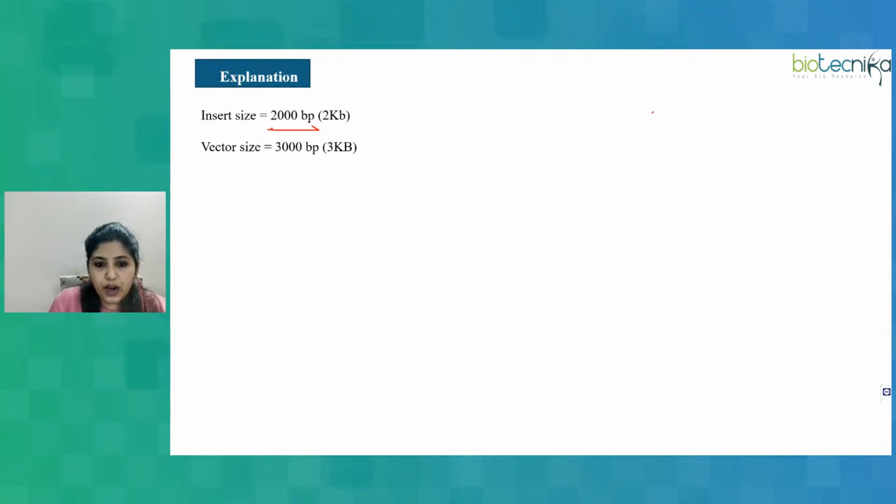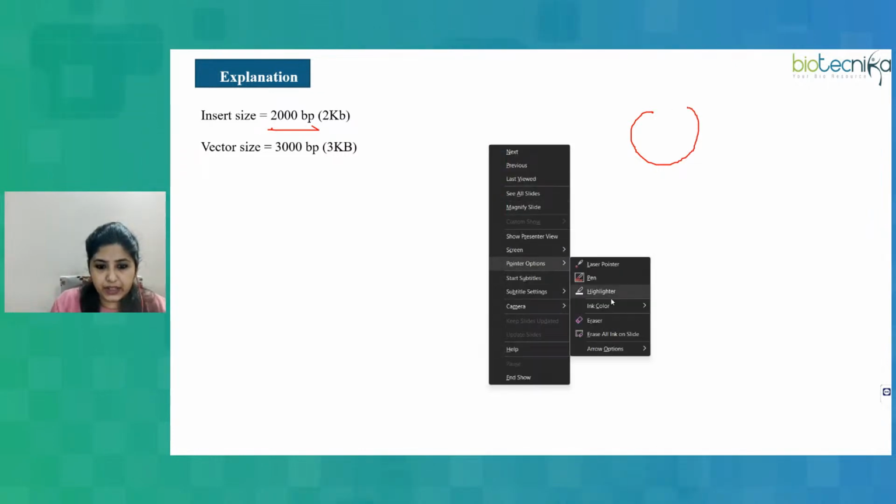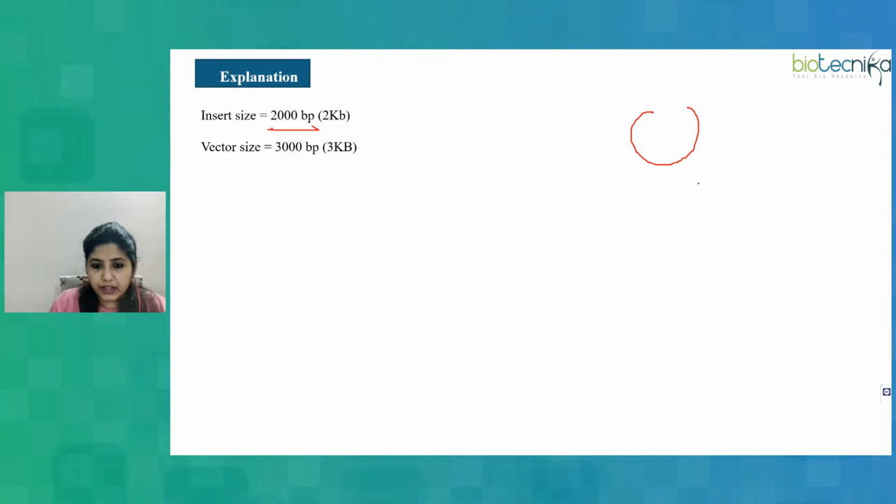So if you are introducing your gene into the vector, I'll just use another ink color. When you are introducing your gene into the vector, the total size becomes what? Insert plus vector.